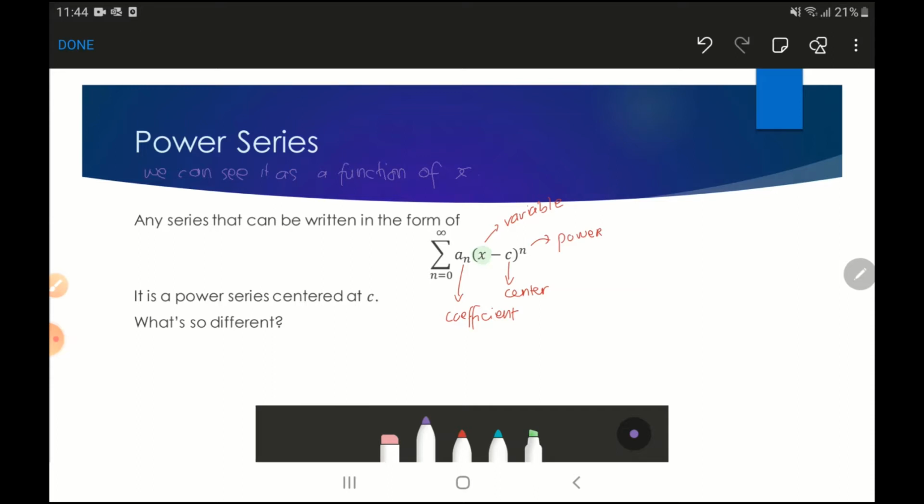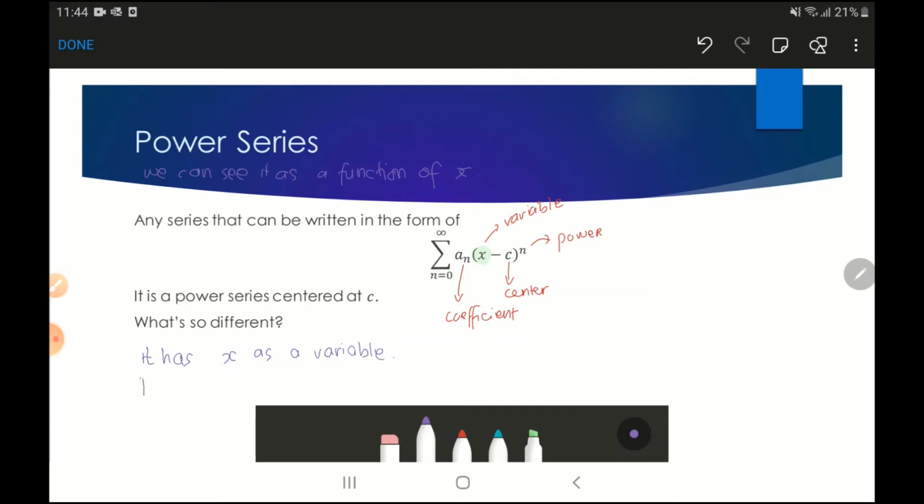Because we can see it as a function of x, we can also see it as a function that has domain and range. And that's why when we talk about the convergence of this power series, we will also talk about at what value of x this series will converge. So what's so different is it has x as a variable.